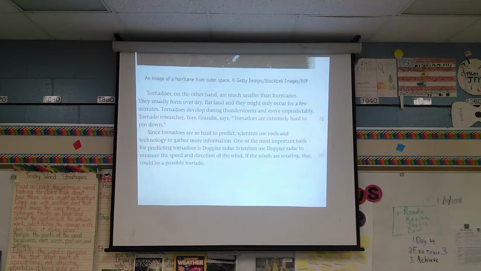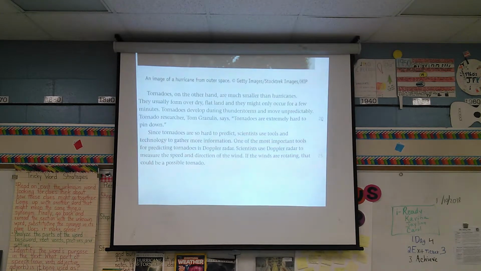All right, so does anybody know what the author did in lines 20 and 21? What author craft would that be? Blake? "I think it's kind of like using a metaphor." What is a metaphor?